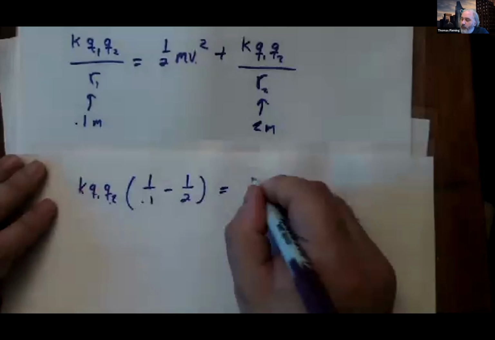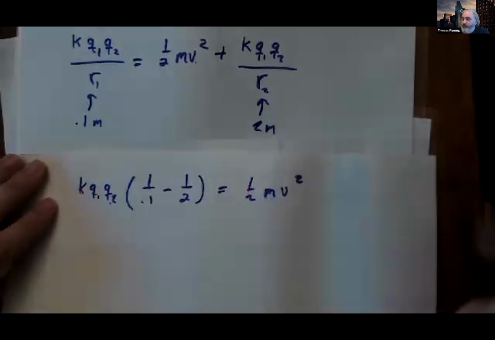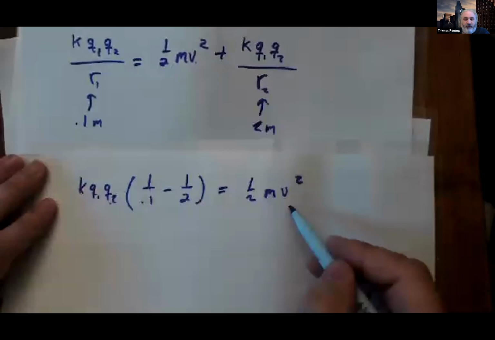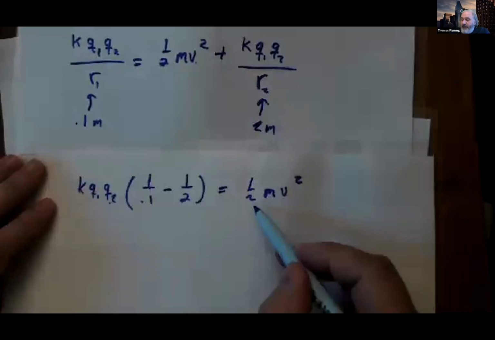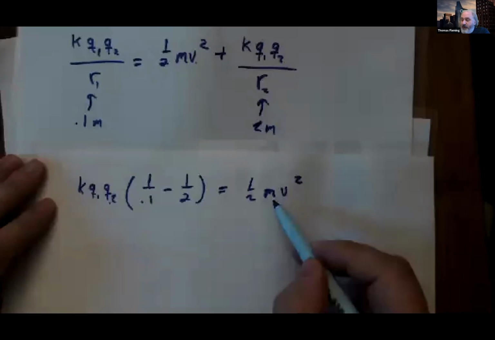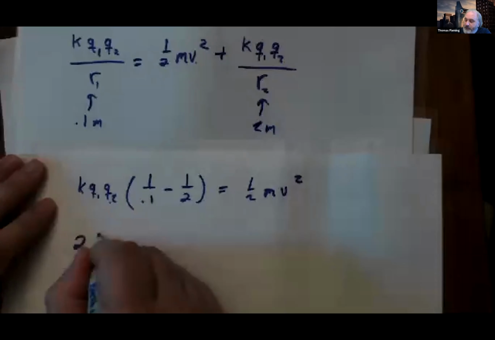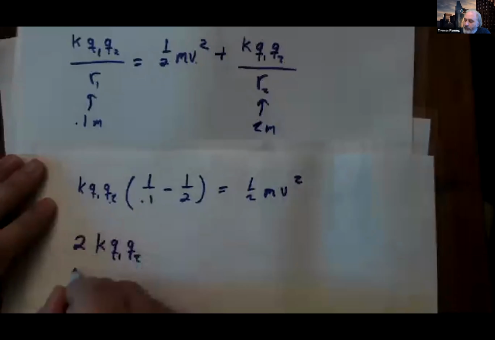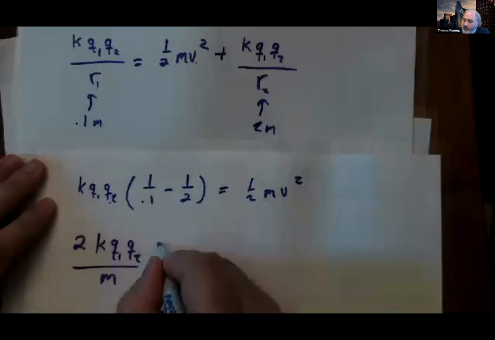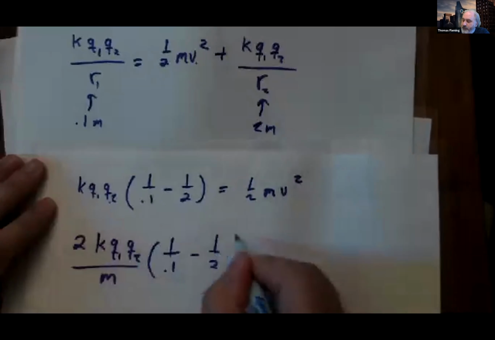That's going to equal 1/2 mv squared, because this is still over on the other side. Then I'll get rid of the 1/2 by multiplying by 2. I'll get rid of the m by dividing by m, and I'll square root everything. So I'm going to have 2k q1 q2 over m times 1 over 0.1 minus 1 over 1/2.